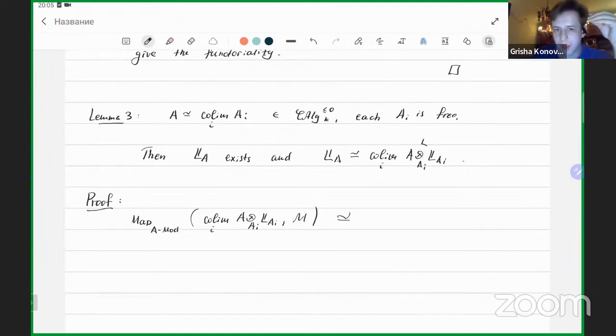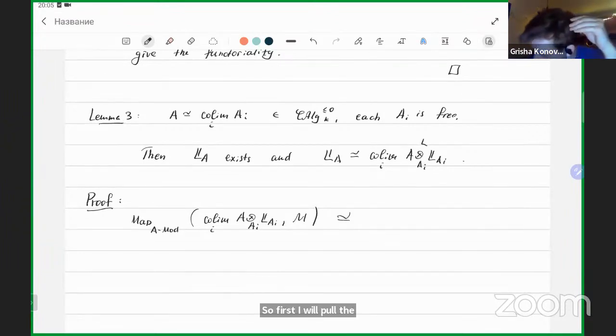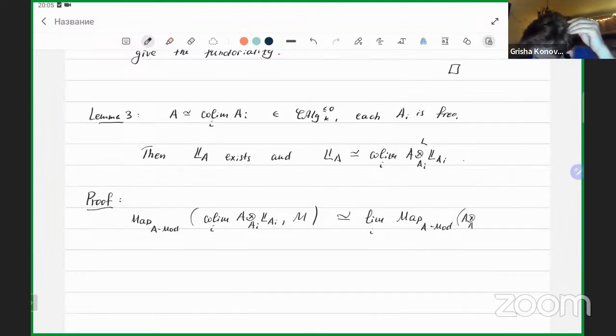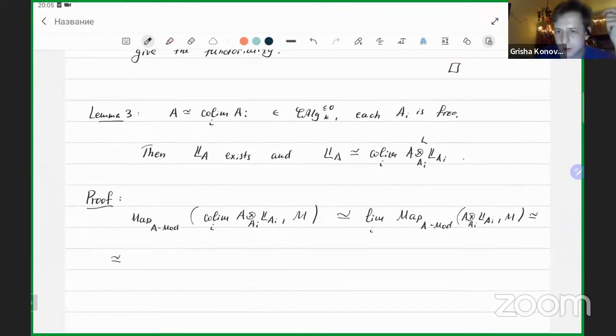So first, I will pull the co-limit out as a limit. Then I will use adjunction.